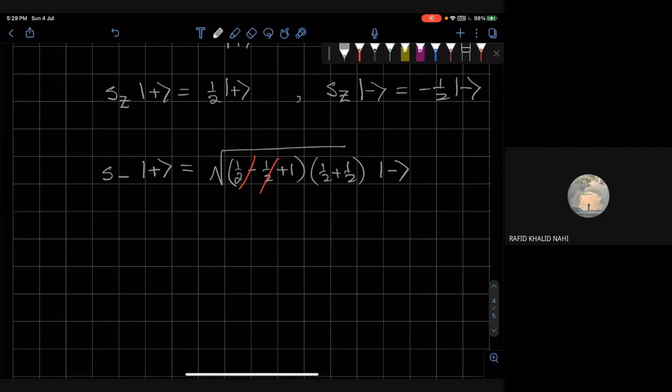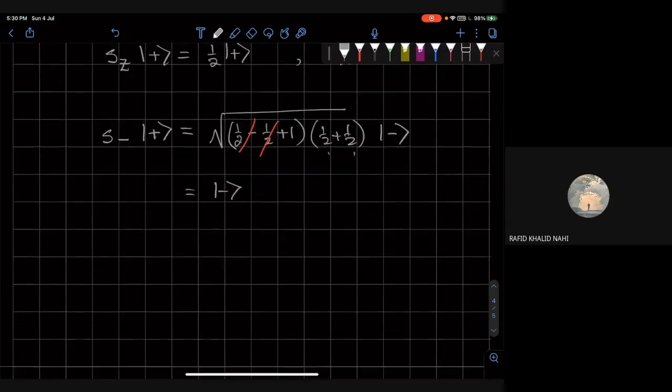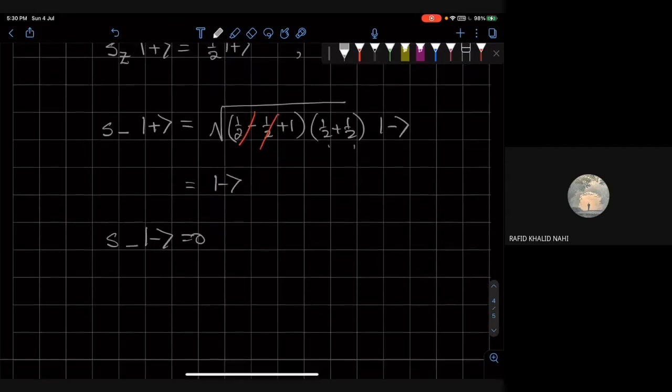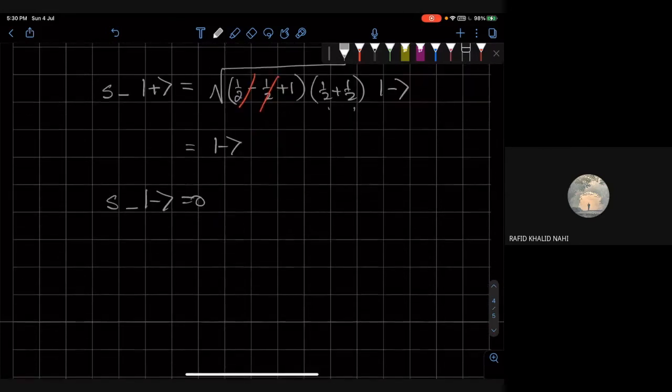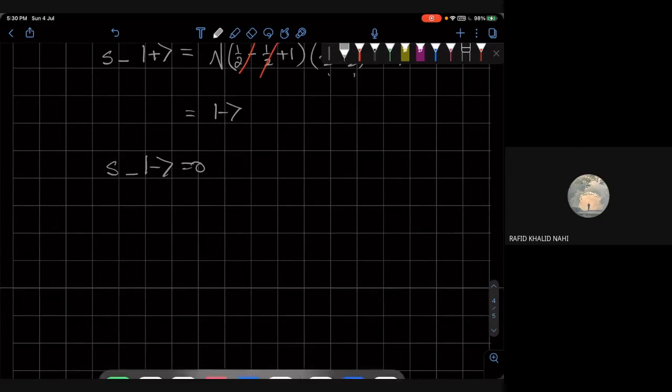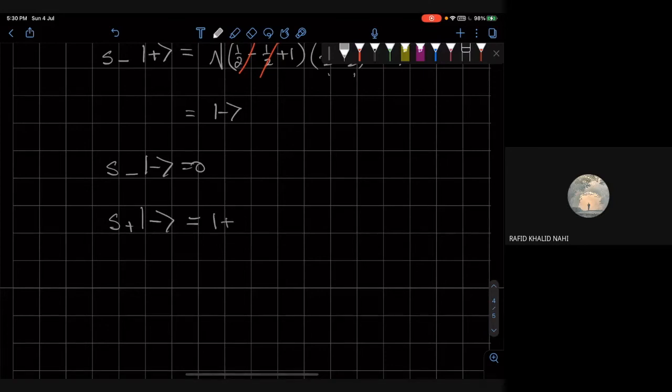This plus this is going to be 1. So I'll get 1 as the answer, giving minus. Now if I apply S minus to minus, I will get 0, and you can explicitly verify that. Similarly, if I take S plus and apply it to minus, I will get plus. And if I apply S plus again to this, I will get 0.